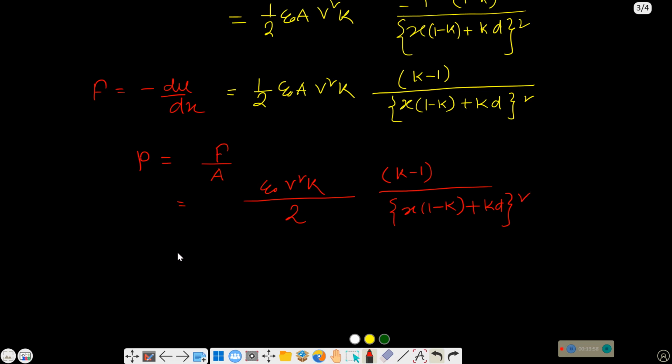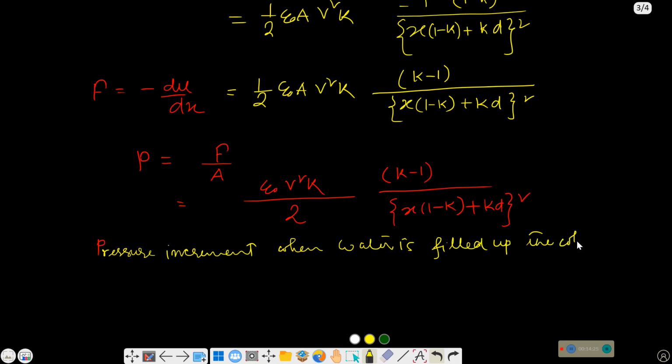Now what the question is asking is the pressure when water is filled up in the whole space in between the capacitor plates.